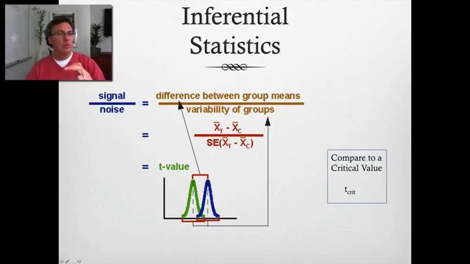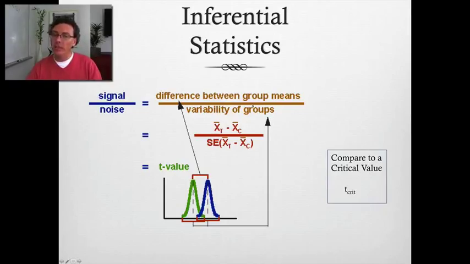And when it's trying to decide if that difference is different enough, it also wants to know how different individuals are within each of these groups. What's the variability within the groups? That gives me some notion of how much things vary just by chance when we don't manipulate anything. And now we can look at the difference caused by the manipulation, and this gives us an idea of how big that is.